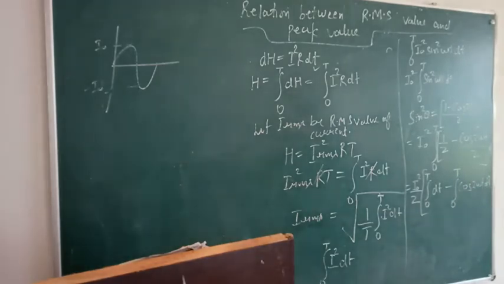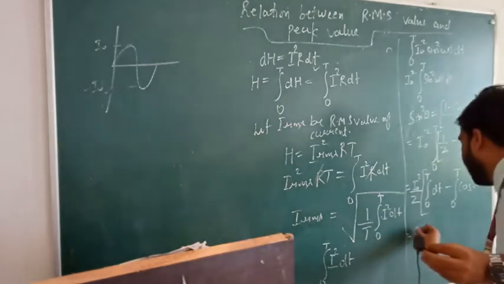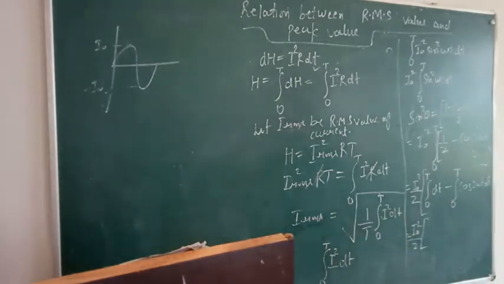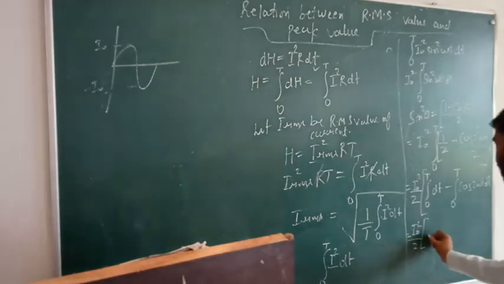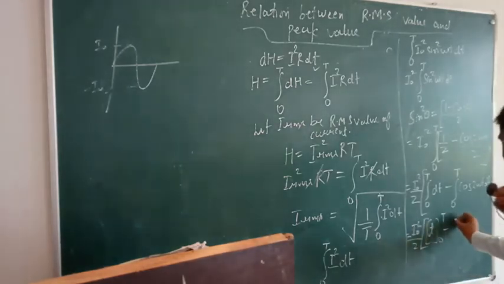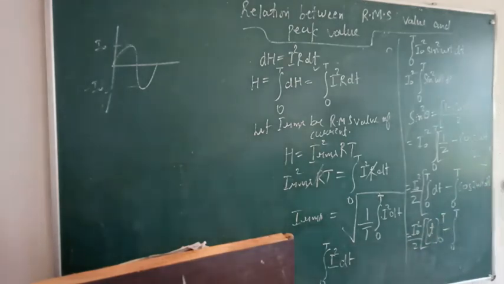Fine. Now students, this will turn out to be I naught square upon 2. What will be the integration of dt? Integration of dt will be T, limit 0 to T, minus integration 0 to T cos 2 omega t, cos 2 theta integration. Cos integration is sine or minus sine?